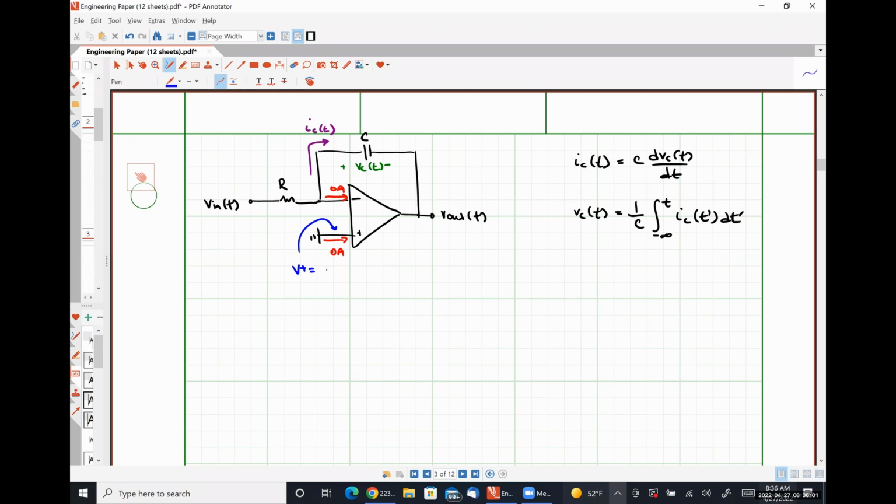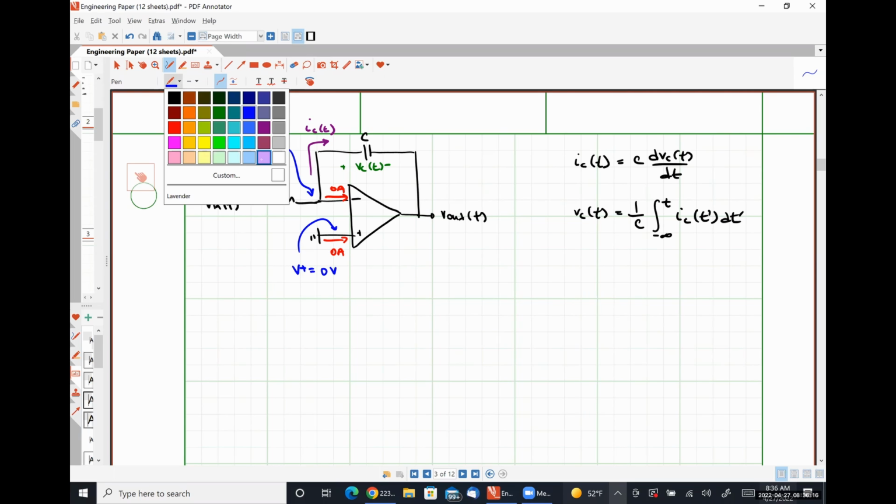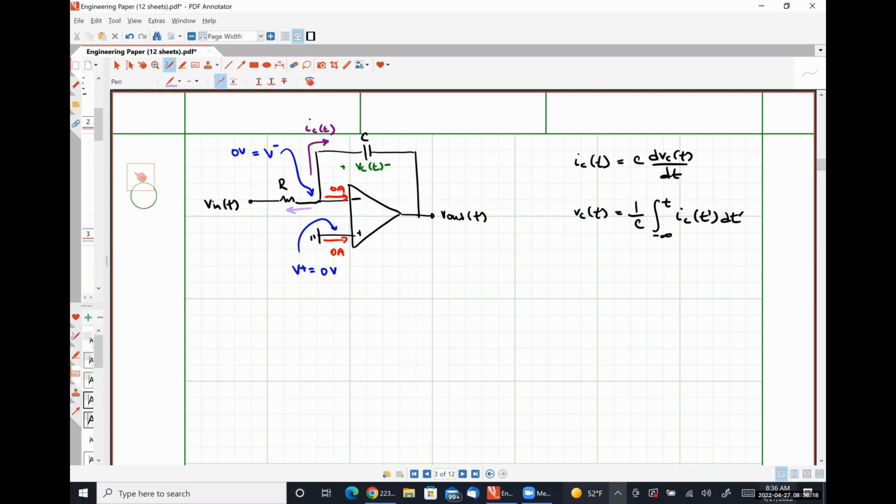The voltage present at the non-inverting input terminal is 0 volts. So the voltage present at the inverting input terminal is also 0 volts. And we will now apply KCL at the inverting input node.